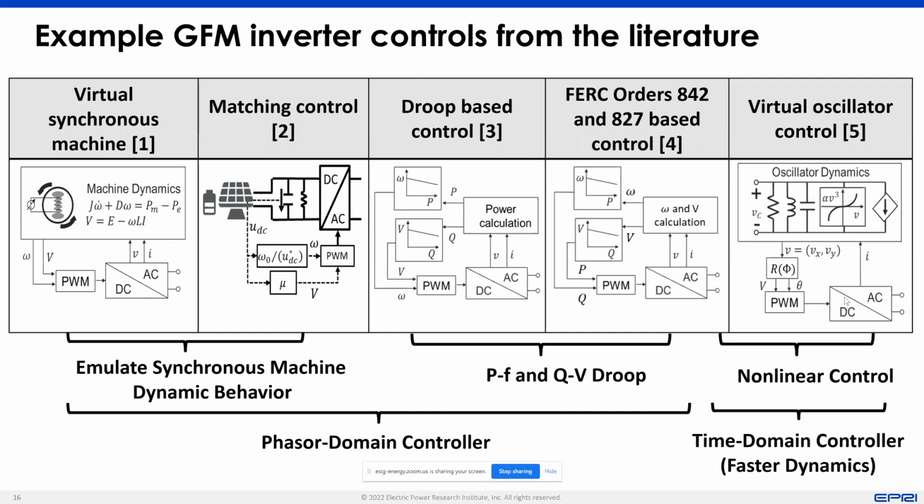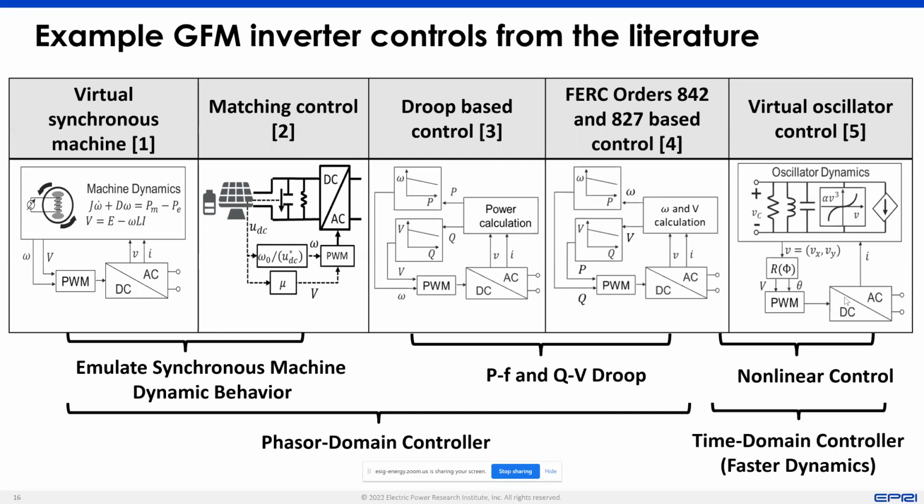So the difference between this one and a traditional grid following inverter that we use today is that this P and Q signal gets updated fast based on the terminal voltage and frequency measurement instead of trying to keep a fixed P and Q at the fast time scale. And we will look into the comparison between these two types of droop controls later on in the following slides.